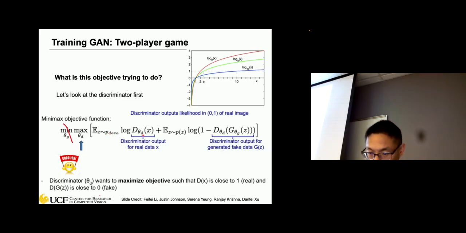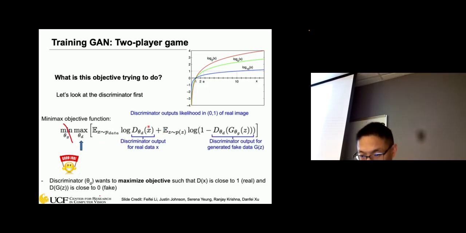This is the output likelihood from the discriminator, where D is the discriminator with its parameters theta d. So we're trying to maximize the first term, which is the expectation of the data sampled from the real training set. Expectation is basically the weighted average over all these random variables sampled from a particular distribution.